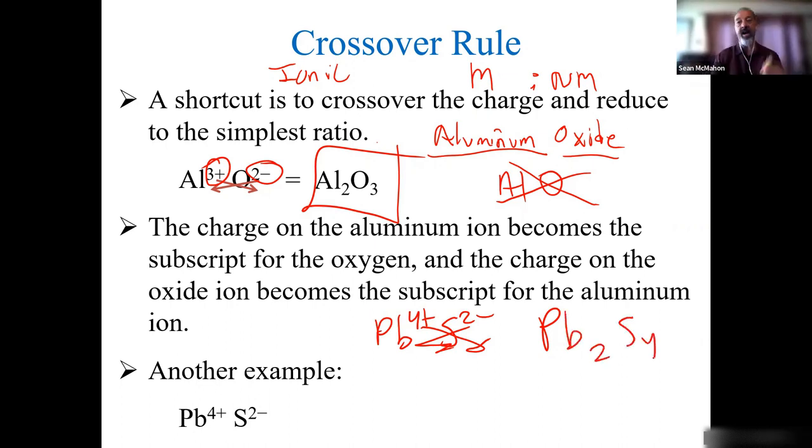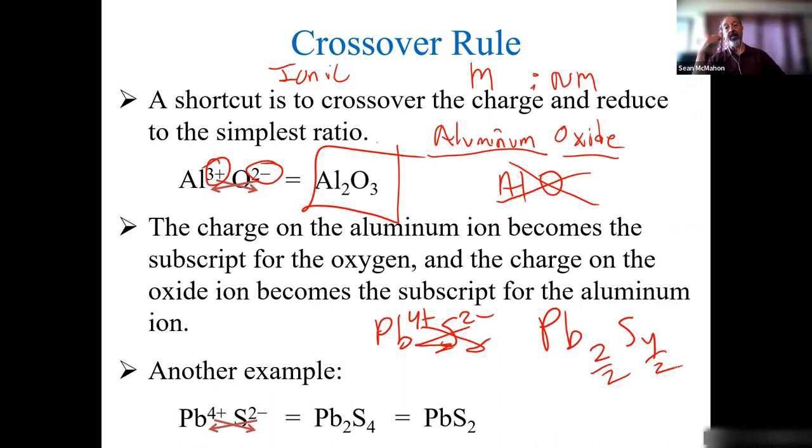Pb2S4. Now with ionic compounds, what did I say? We're really looking at the formula unit, which is the simplest. So you would think it's that, but in actuality, I want to simplify. 2 goes in here, 2 goes in here. So it's PbS2.